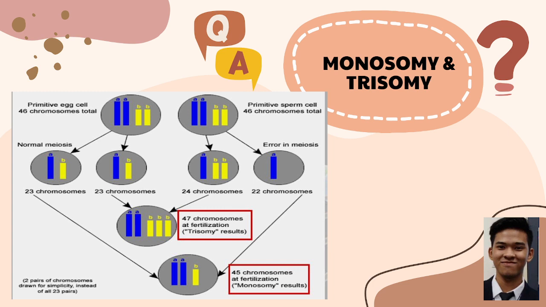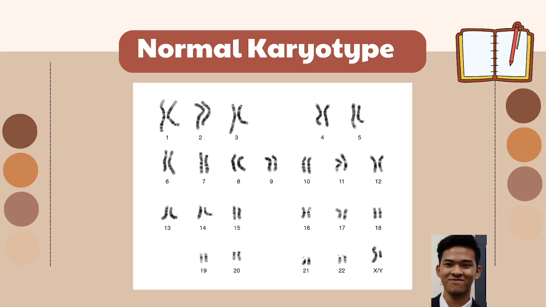In meiosis II, sister chromatids fail to separate properly during the second division, resulting in cells with an extra or missing chromosome. If a gamete with an abnormal number of chromosomes is fertilized, it can result in zygotes with an abnormal number of chromosomes. Now, have a look at the normal karyotype. A karyotype is a visual representation of an individual's chromosomes arranged in a standard format.